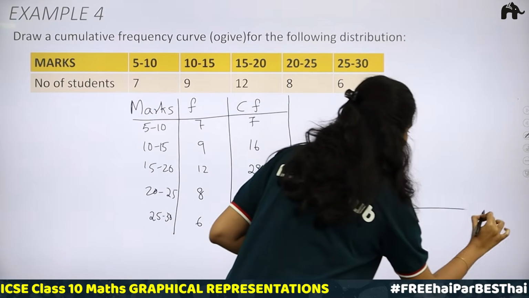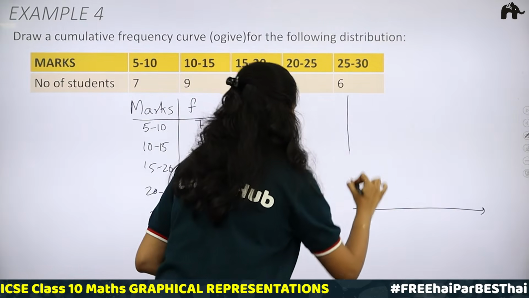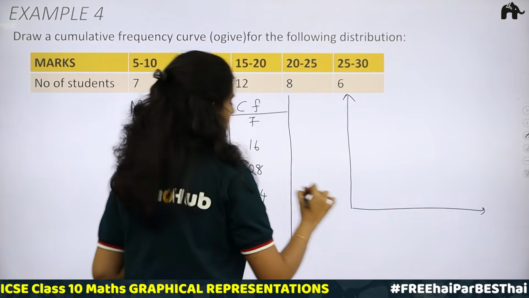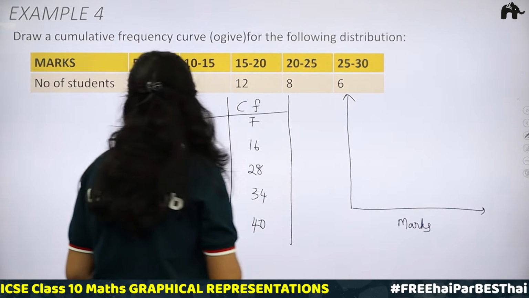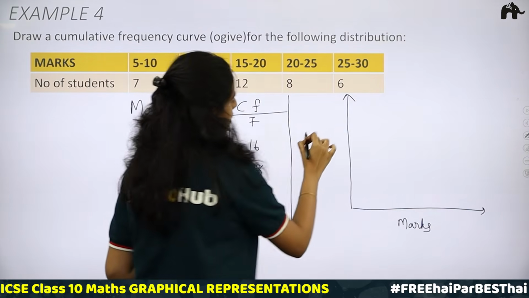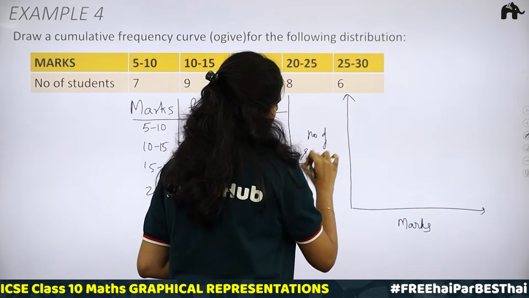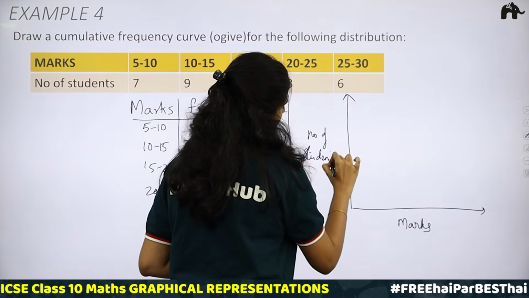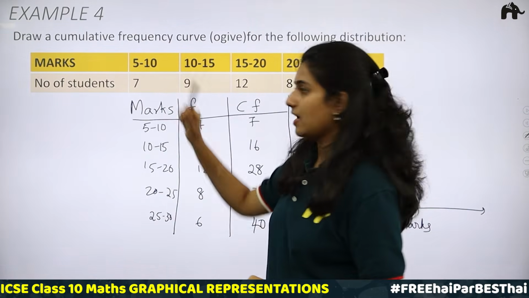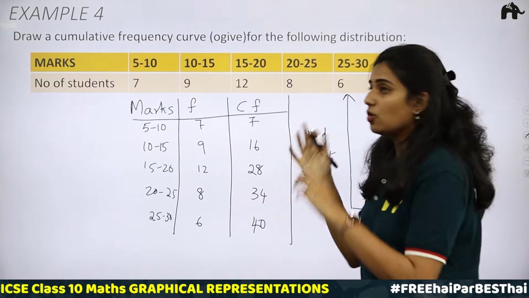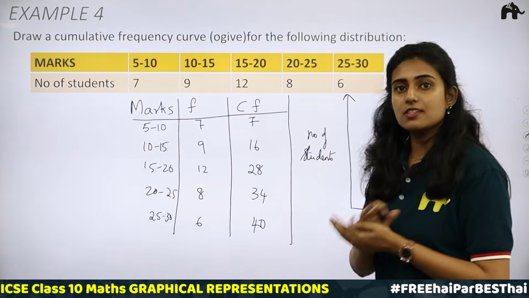Take the x and y axis. Along the x-axis, we are taking marks. Then along the y-axis, we have the number of students. Now here the lower limit of the first interval is 5. It is not 0, so whatever happens before 5 is not considered.